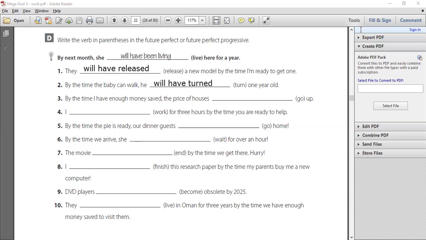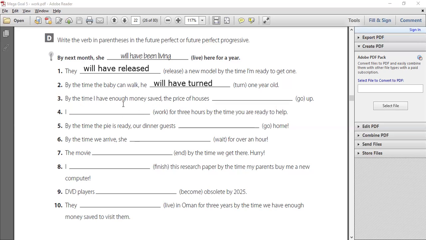Number 3. Yes, Farah, can you turn on your mic? Yes, Farah, number 3, please.